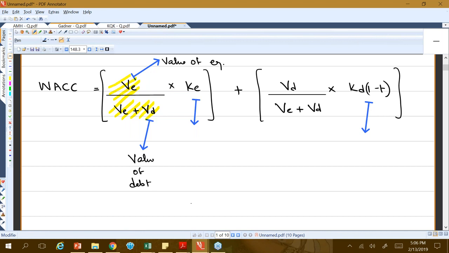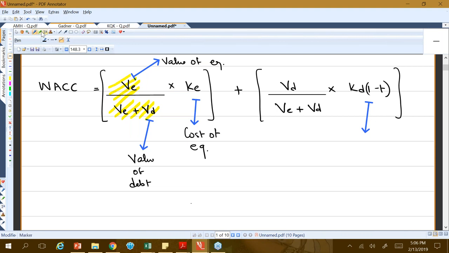Once I have the proportion of equity and I multiply it with the cost of equity, I will get the cost for raising equity finance. So proportion of equity times cost of equity will give me the cost I will pay for raising equity finance.